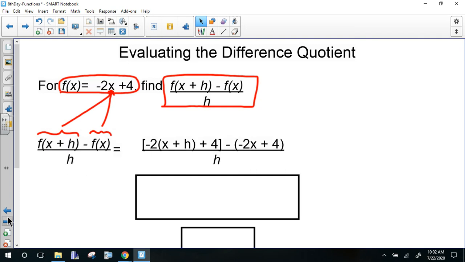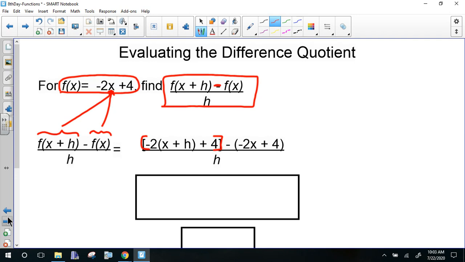So let's do the first step. I want to plug in x plus h wherever I see an x. If I plug in an x plus h here, I'll have negative 2 times x plus h. Still got my positive 4. I'll put that in brackets. And then I want to subtract, because this is a subtraction sign up here.